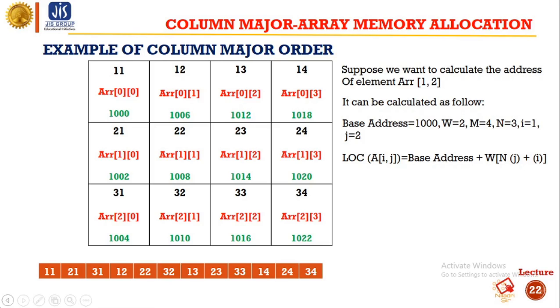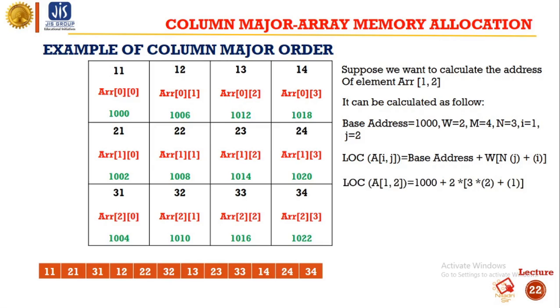Here base address is the address of the first location, that is 1000. W is the word length, which here is 2 because all the elements are integers. Next, N is the number of rows. J and I are the values of the element whose address we have to find.